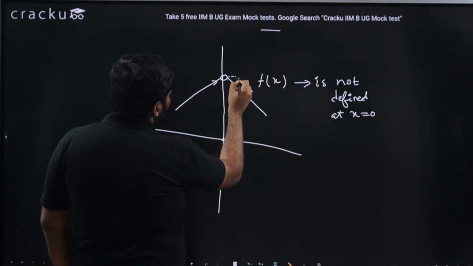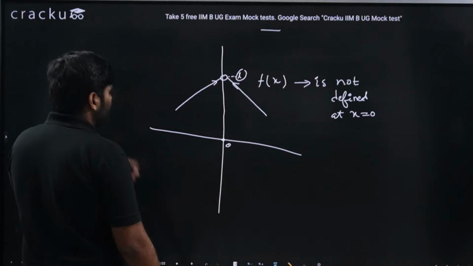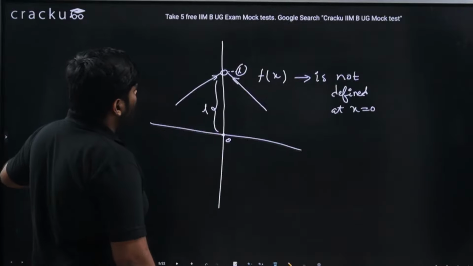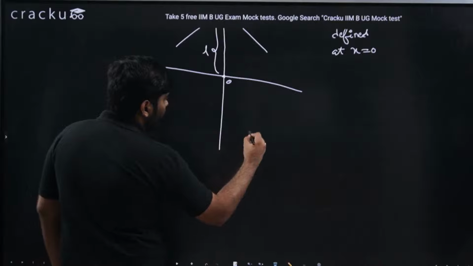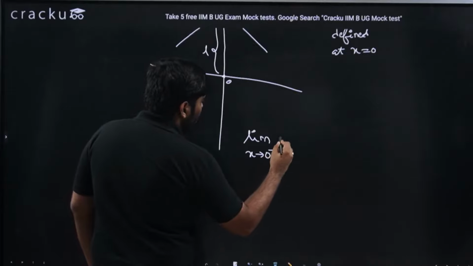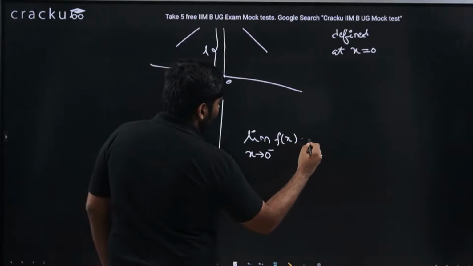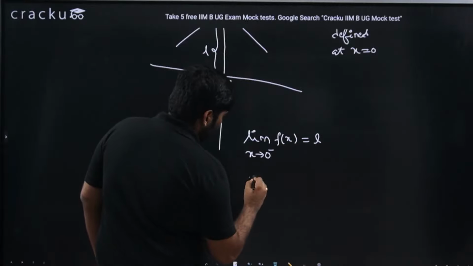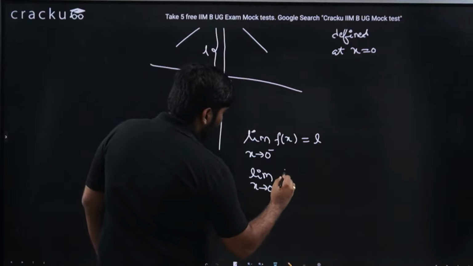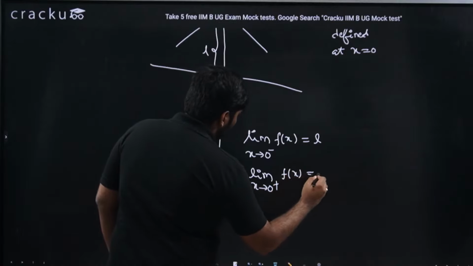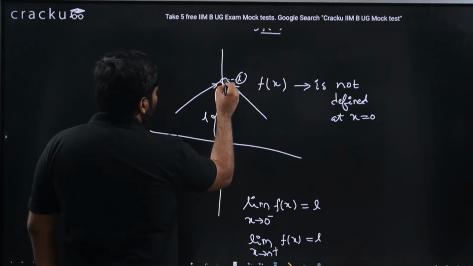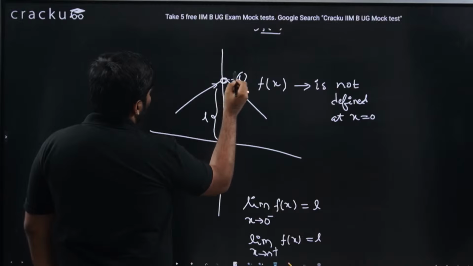Let's say this value is some L. So in this graph, limit x tends to 0 minus f of x is equal to L. Similarly, limit x tends to 0 plus f of x is also L. Both are approaching a common value, which is L.